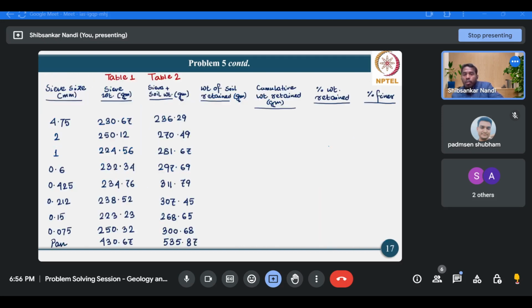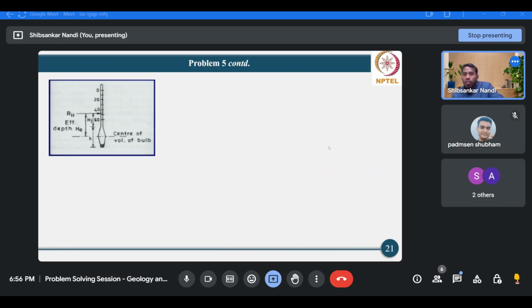Effective depth is the distance from the surface of the suspension to the point where the density of the suspension is measured. Suppose this is the surface of the suspension and this is the center of the bulb. This distance is the effective depth H.